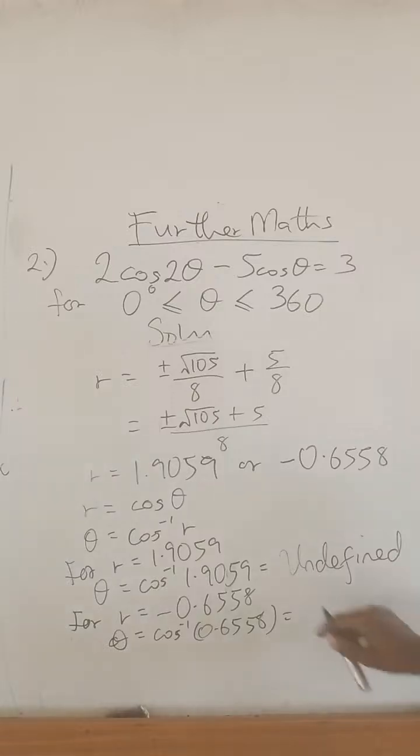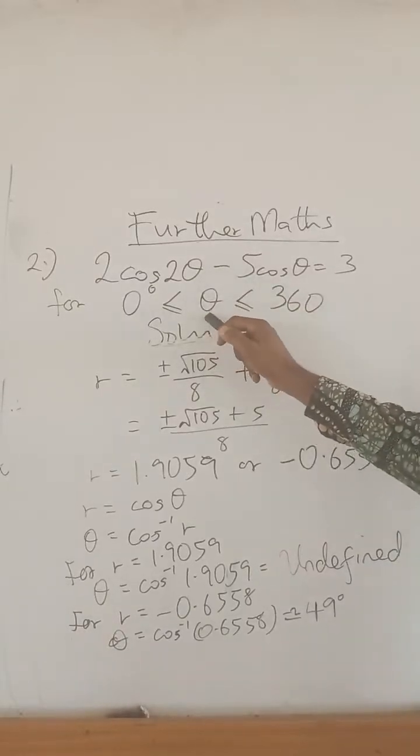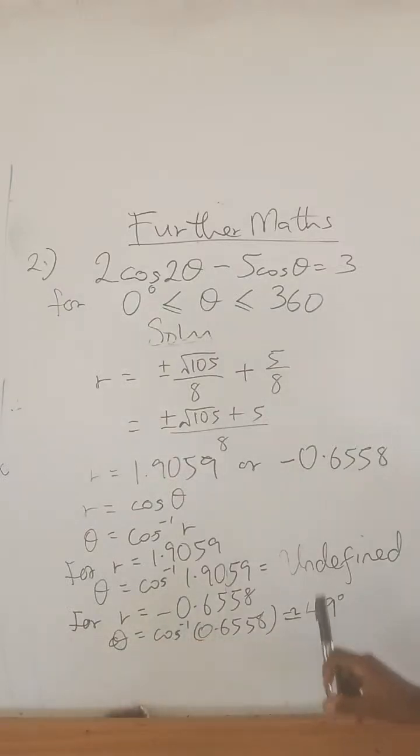That gives us approximately 49 degrees. Now 49 appears in the first quadrant where cosine is positive, so it's not one of the values we will accept in this question as theta, because it should be in a quadrant where cosine is negative.